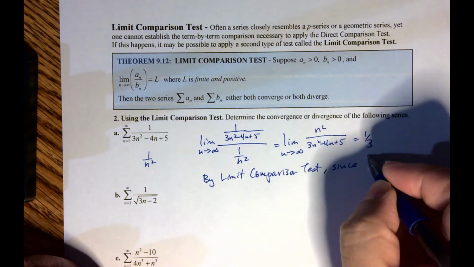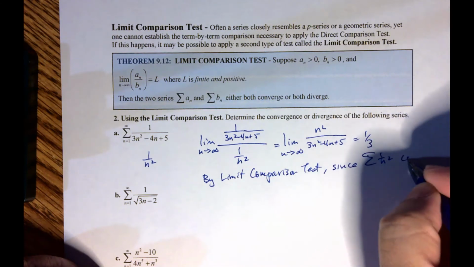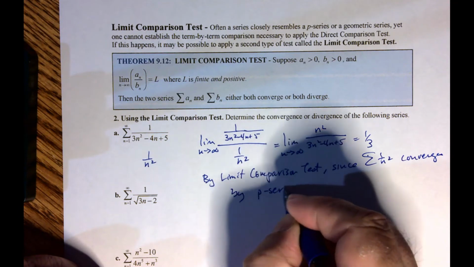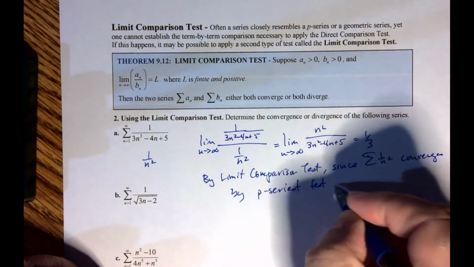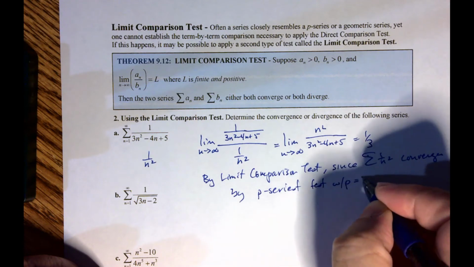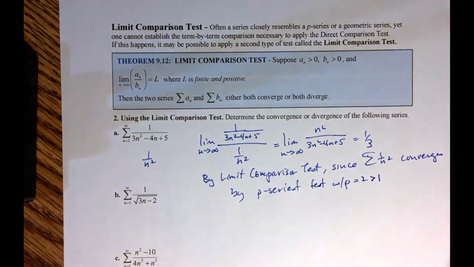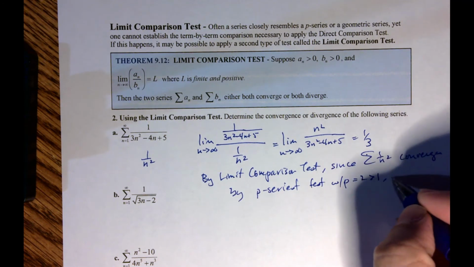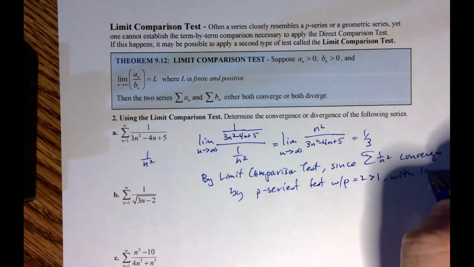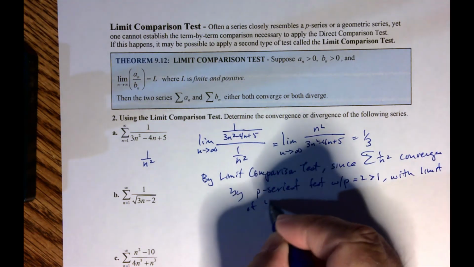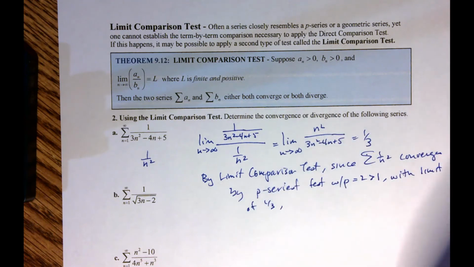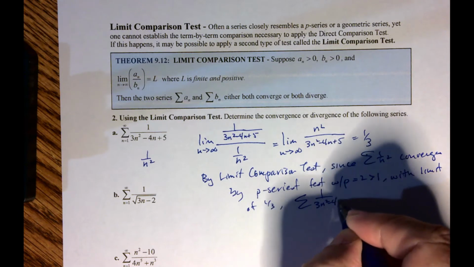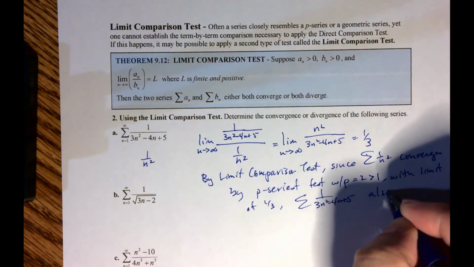Since 1 over n squared converges by p series test with p equals 2, which is greater than 1, and with a limit of 1/3, 1 over 3n squared minus 4n plus 5 also converges.